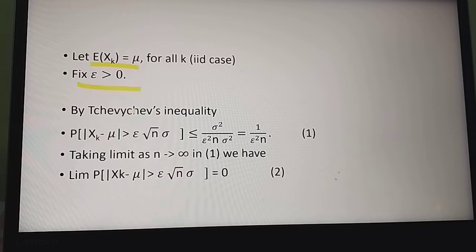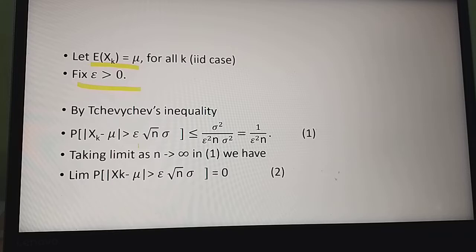Then by applying Chebyshev's inequality, the probability that Xk minus mu is greater than or equal to epsilon times root n sigma... Actually, in Chebyshev's inequality, the probability that Xk minus mu is greater than epsilon is less than or equal to the variance of Xk by epsilon square.